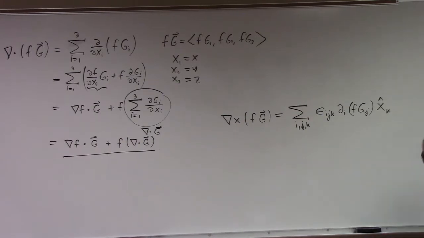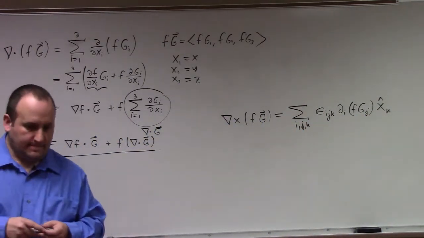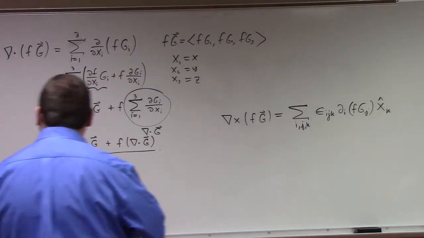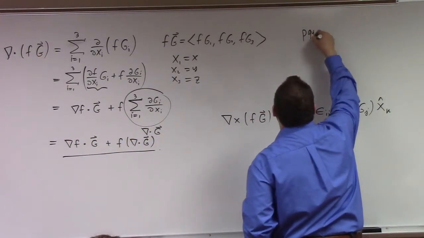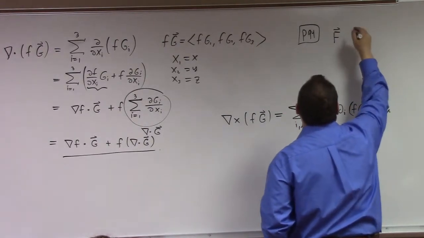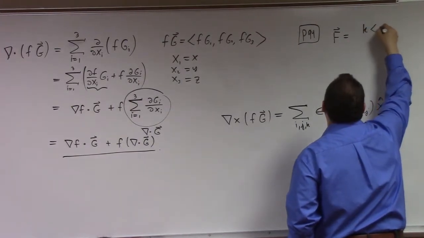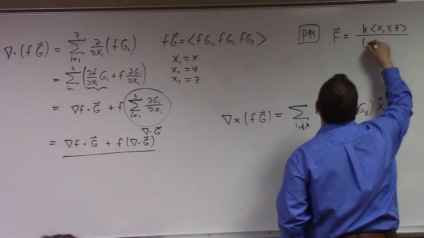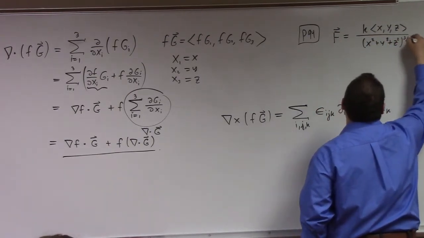Yeah. So for problem 94, if we set x squared plus y squared plus z squared equal to t, that we did that. For problem 94, if you were to rewrite that in terms of spherical coordinates, to start with, it's k times the vector xyz divided by x squared plus y squared plus z squared to the 3/2, right?